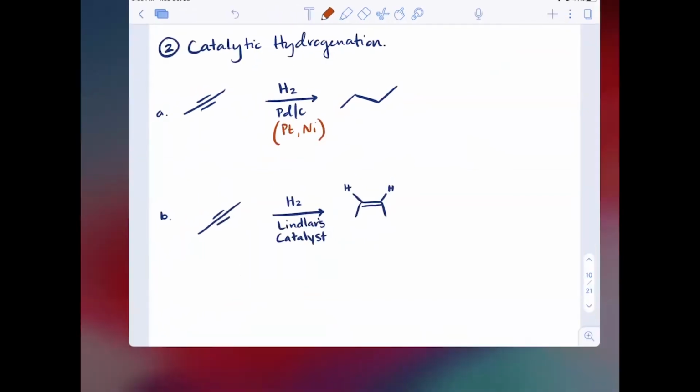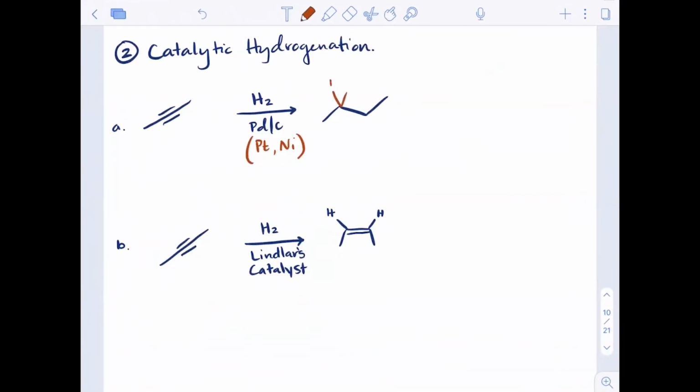What that will do is add 4 hydrogens across that triple bond. It will go straight to the alkane. There's no stopping at any of the intermediate steps. That reaction is catalytic with a very strong catalyst, palladium on carbon, or a platinum or nickel catalyst, and will take you all the way forward.